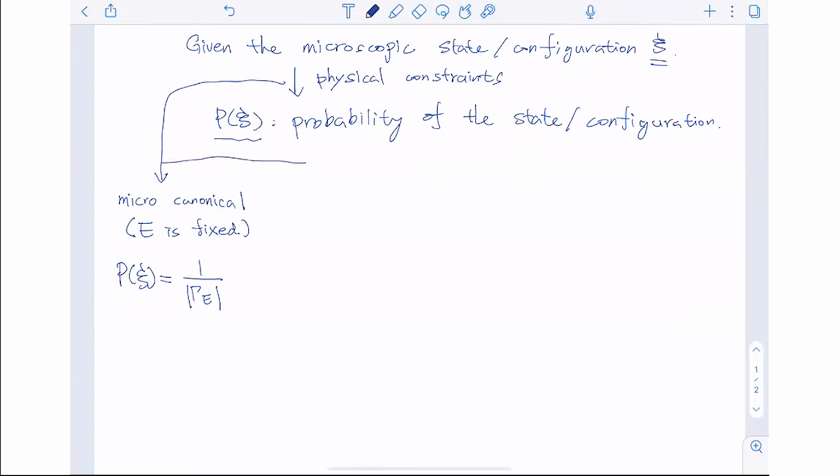And then we said that there are other scenarios that are physically relevant. One scenario that is physically relevant for us is the situation when temperature is kept fixed. That is the canonical ensemble.